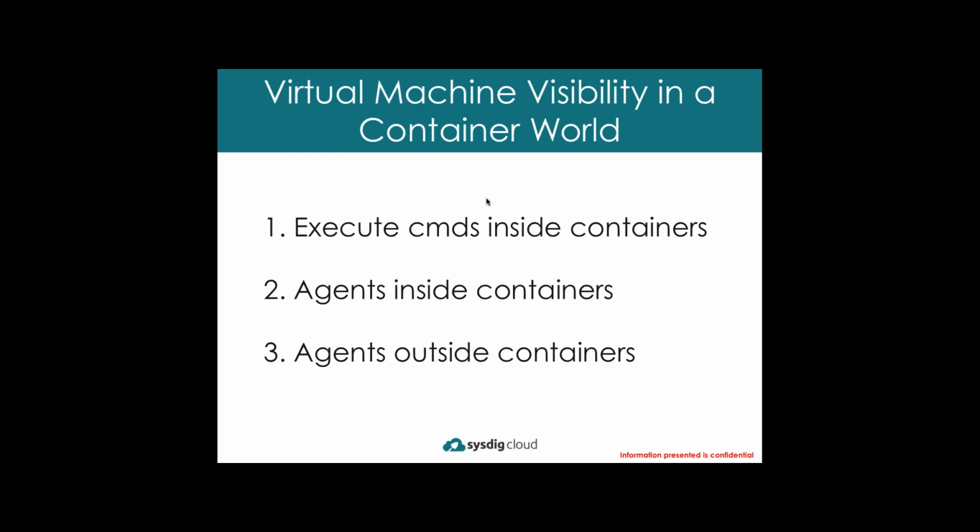The first is you can dive into the containers and just execute commands from inside of them, similar to SSHing into a VM in production and running command line tools there. This may work well in a dev environment. This does get you visibility inside of the container, of course, but this is really impractical to scale. It doesn't really work as a production monitoring tool, and it's pretty dangerous to do in production as well. On top of that, most containers don't contain a lot of the Linux tools that you're used to using in a VM, and Gianluca will touch on that a little later.